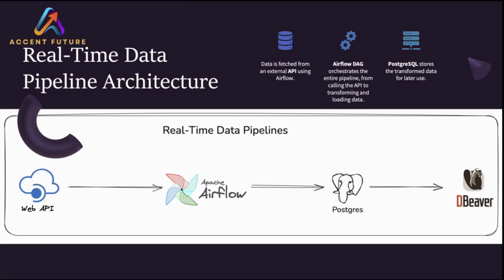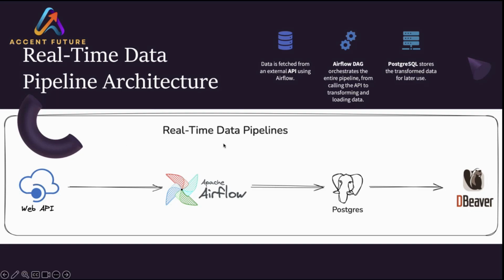Now let's see what our architecture is. So this is our workshop target. This is our agenda today. We are going to see this end-to-end pipeline hands-on, practically. We can do it step by step. And at the end of the session, we are going to share the resources with you and you can practice on your end.